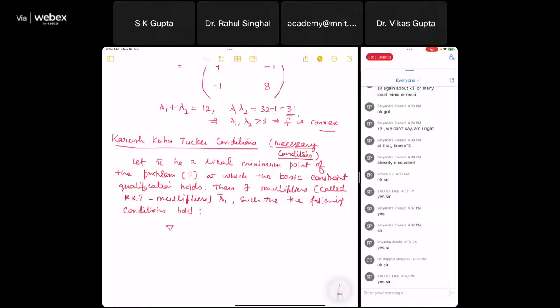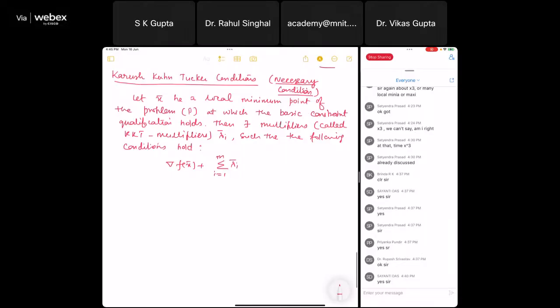First condition is gradient of f at x bar plus summation i from 1 to m lambda i bar gradient of gi at x bar equal to 0. The second condition is gi x bar should be less than or equal to 0 for all i.